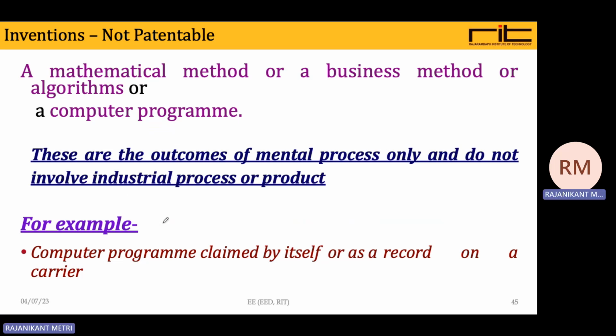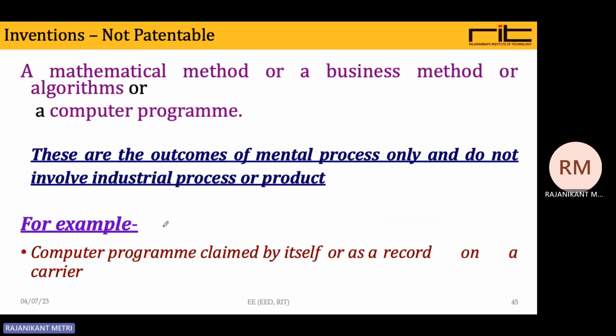Then related to algorithms or mathematics. So a mathematical method or a business method or an algorithm or a computer program, these also cannot be patented. Actually, these are the outcomes of a mental process and do not involve an industrial process.